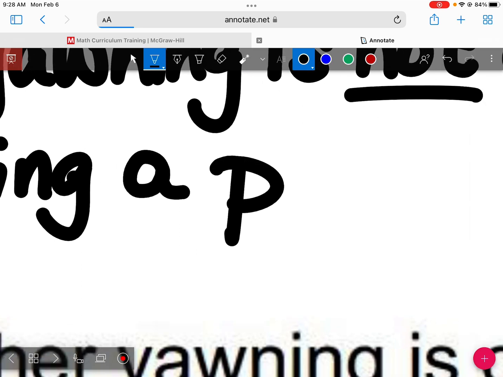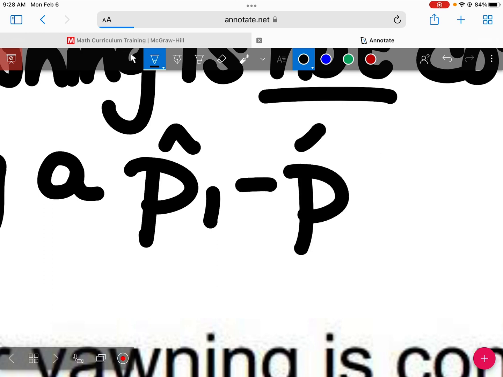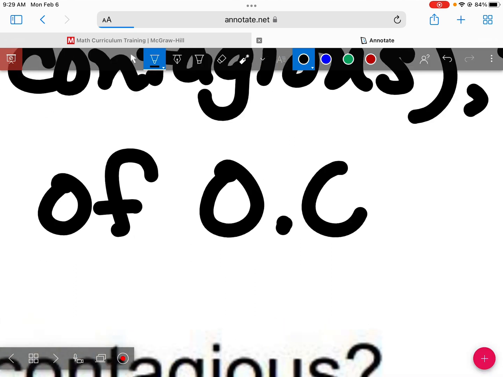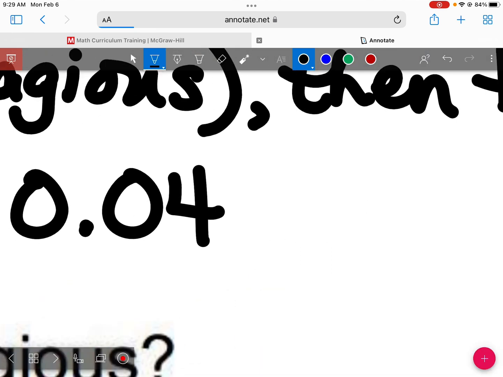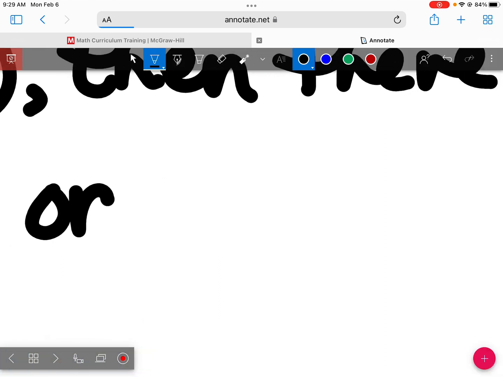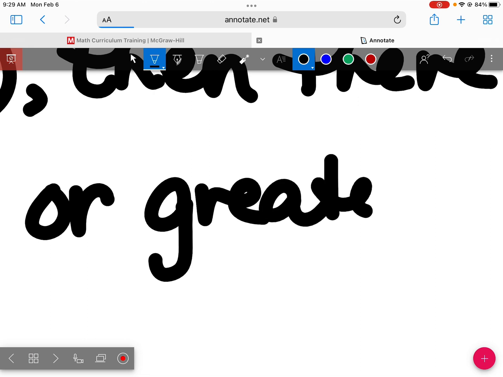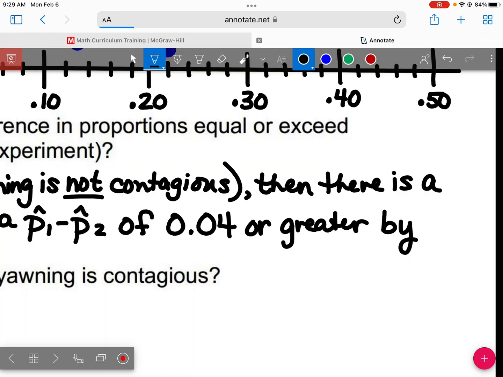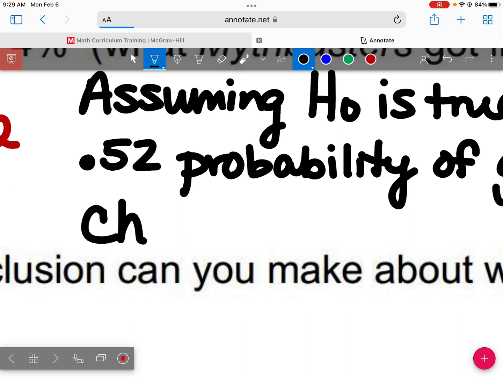So here we want to say what we've done, of getting a P1 hat minus P2 hat of 0.04, sorry, I was getting my decimal in the wrong spot, of 0.04 or greater. By what? Just by chance. So that's my interpretation of the p-value.